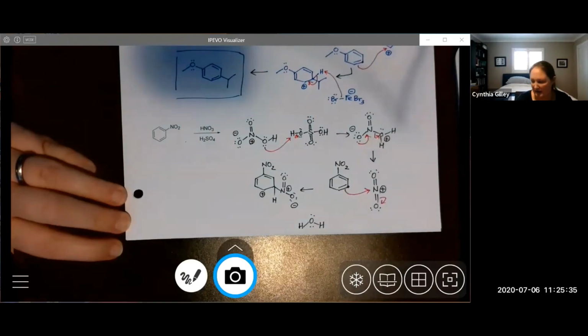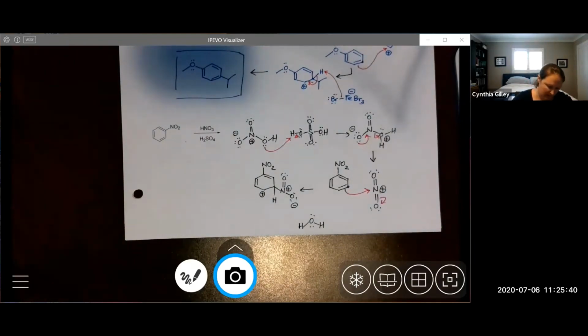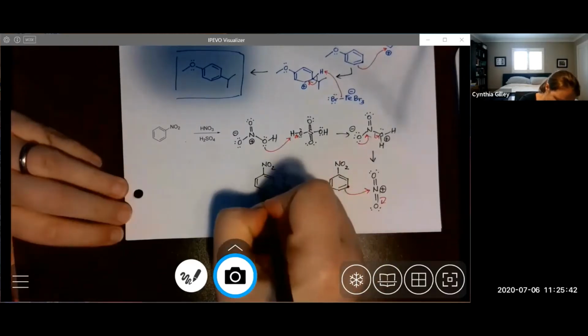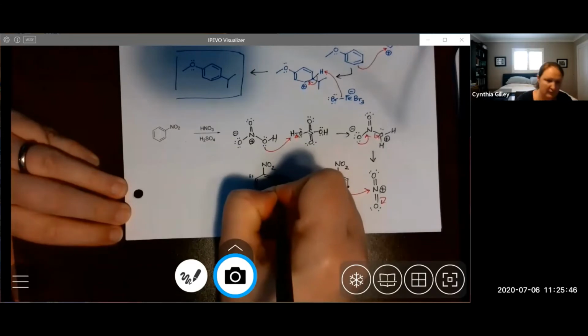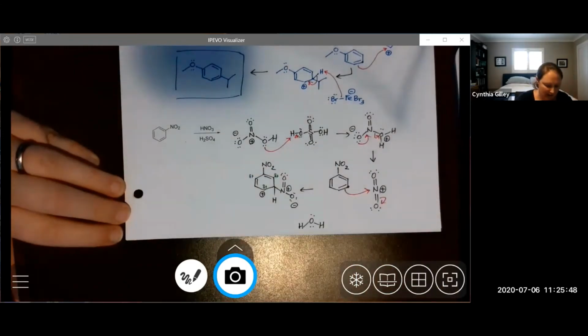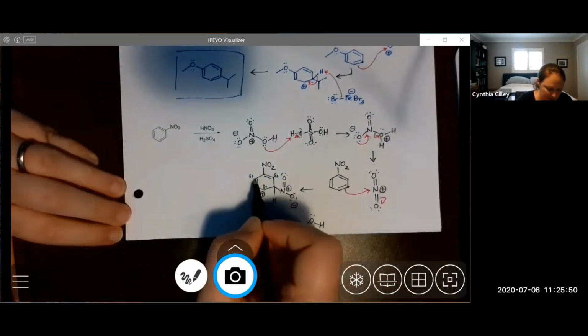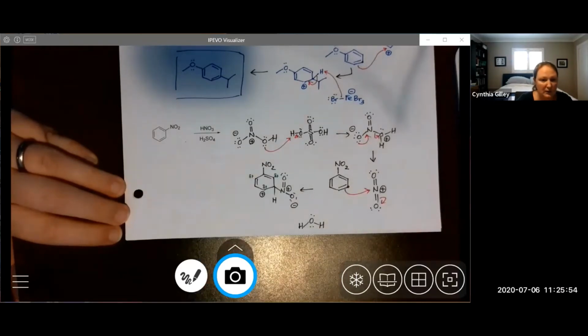Right, and then you can draw out the resonance contributors if you want to, but just note that the positive charge will end up being shared here, here, here. And neither of these positions puts the positive charge next to the other strong electron finder.